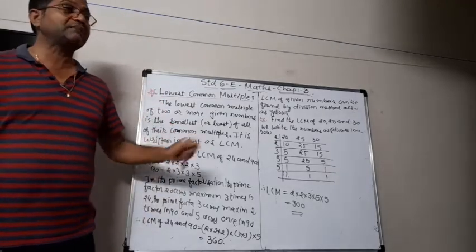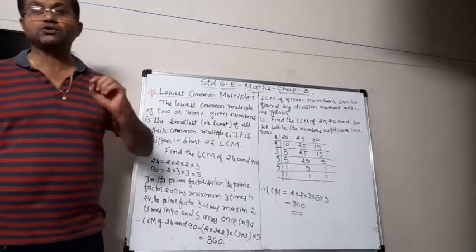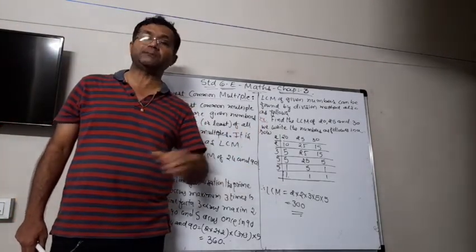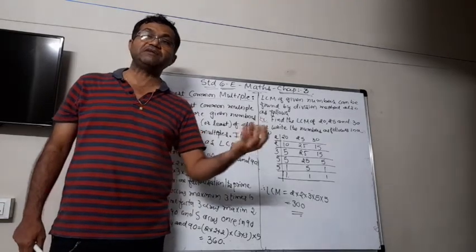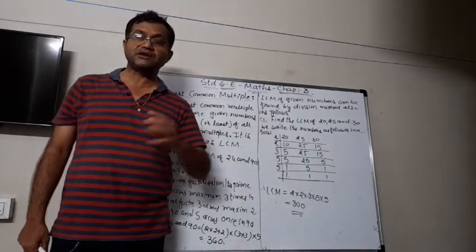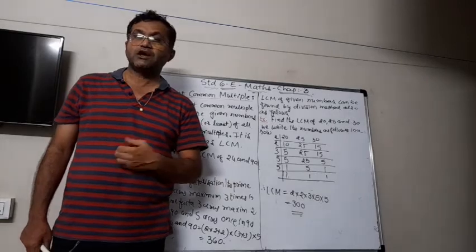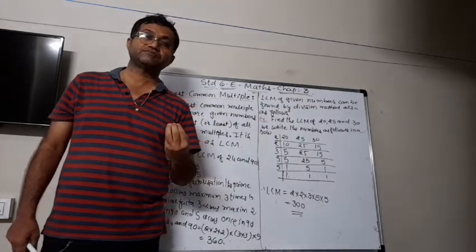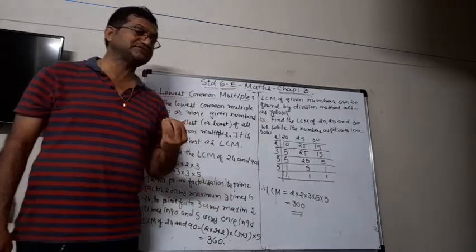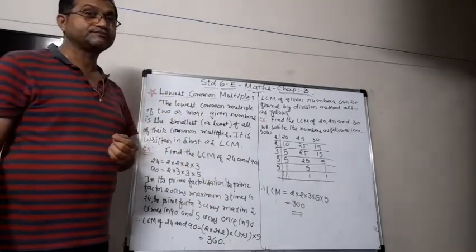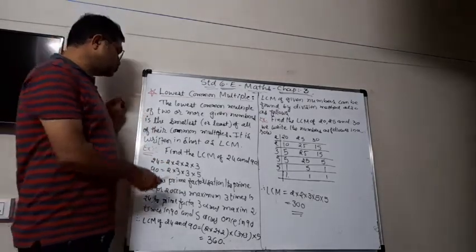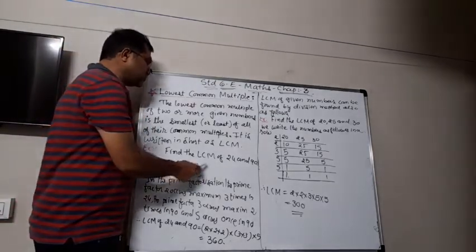So the other method is, first we find the prime factorization of the given numbers. That will be an easier and shorter method for us. We have to find the prime factorization that you learned already. 24 is equal to 2 into 2 into 2 into 3.